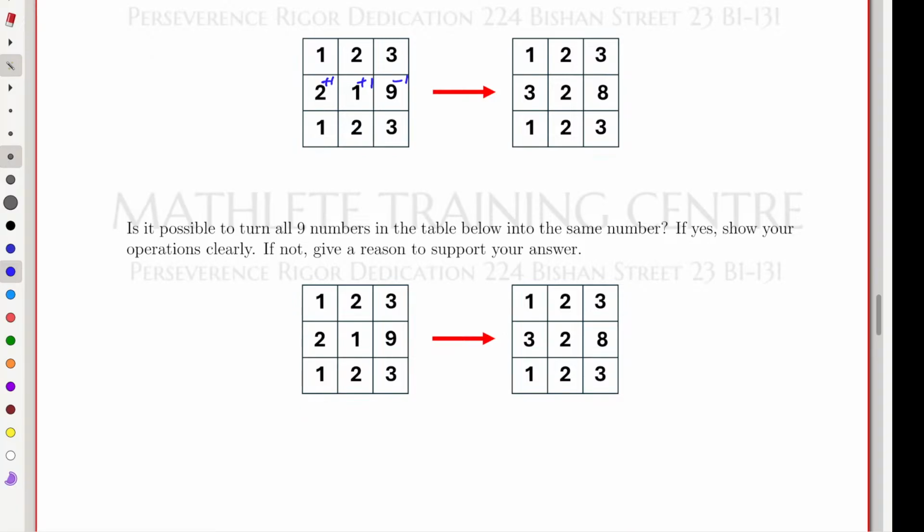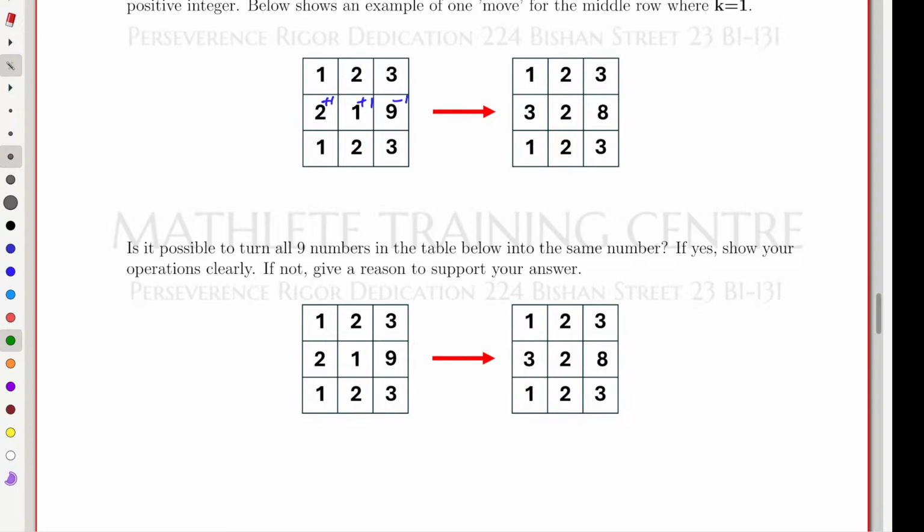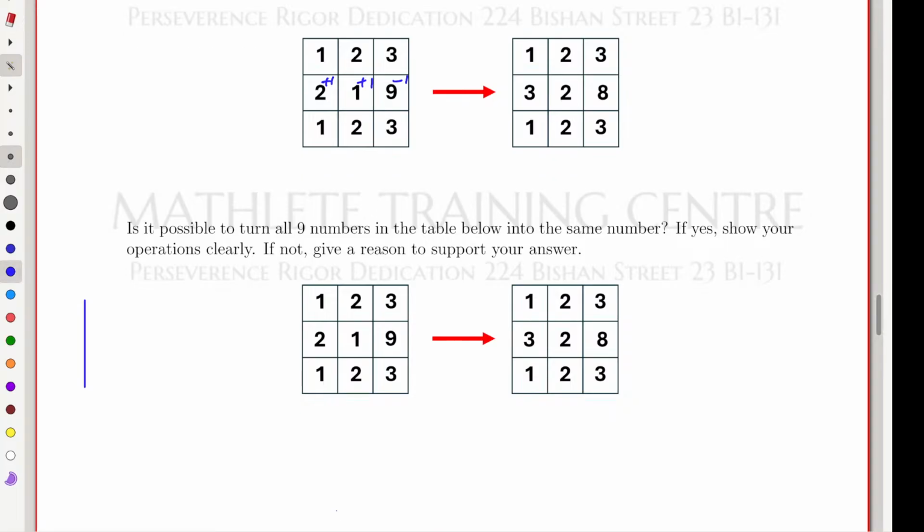The idea here is that we can look at a group of three numbers. Okay, let me draw an empty 3 by 3 grid. Let's take a look at this group of three numbers here, the one in green color.